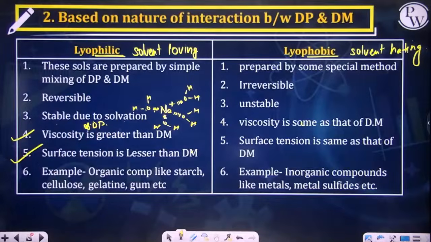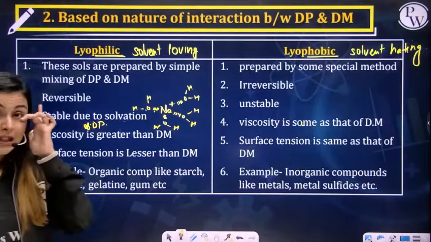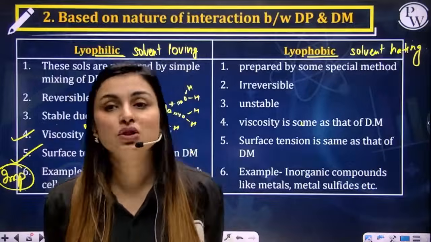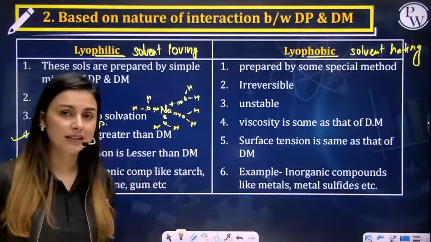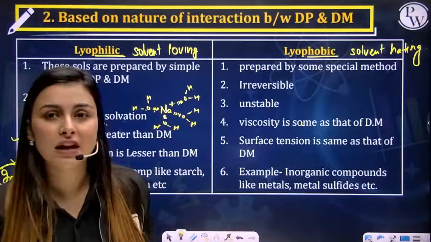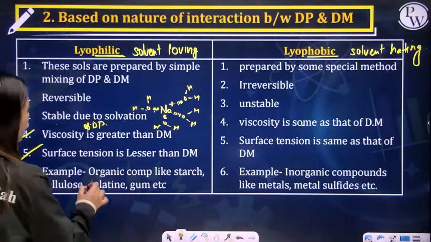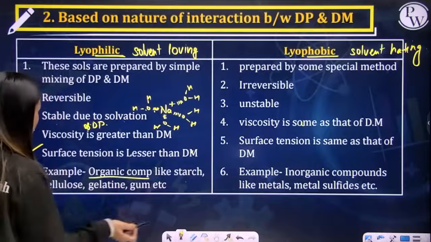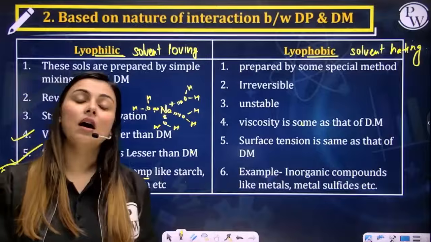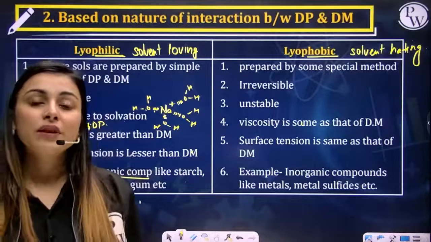Okay, now let's take the examples, and this is an important point because most of the questions are asked from this 6th point, my dear students, that which of the colloidal solutions do we call as lyophilic, and which of the colloidal solutions do we call as lyophobic. All the organic compounds like starch, cellulose, gelatin, gum, etc., all these are known as lyophilic sols.